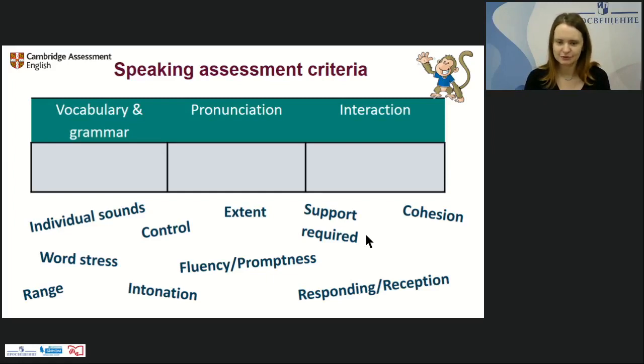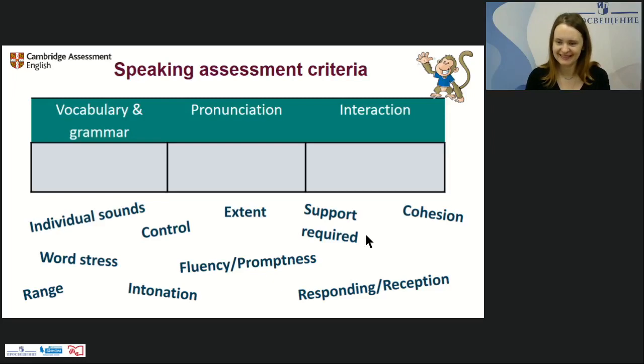Okay, I'll give you a minute to think. So for pronunciation, we have intonation, individual sounds, and word stress. And pronunciation is probably the easiest one here. Okay.